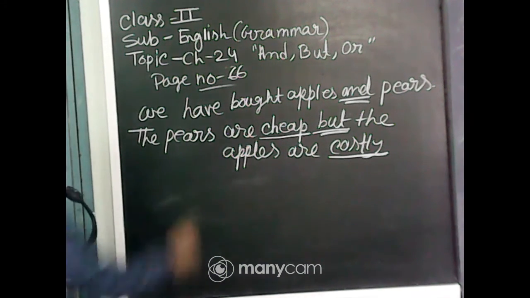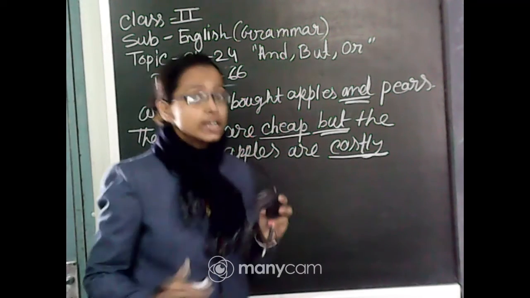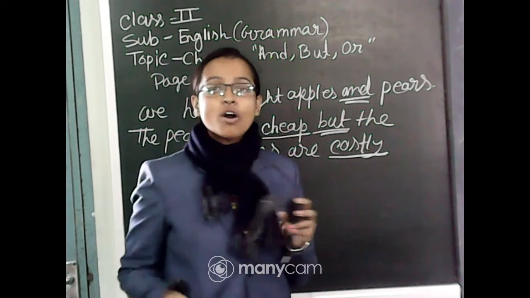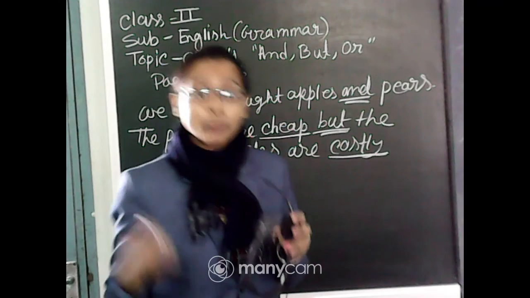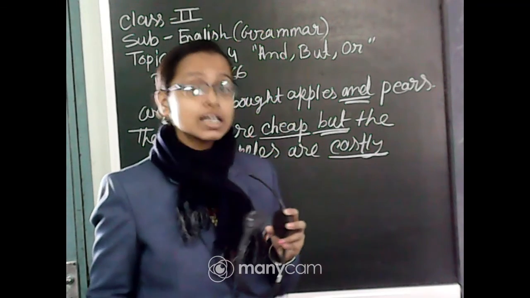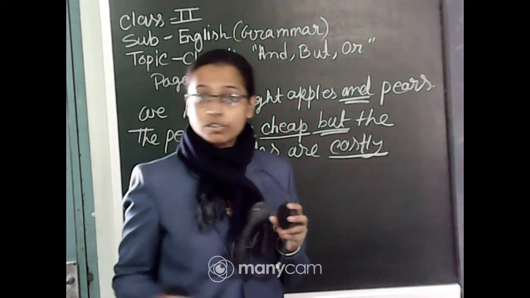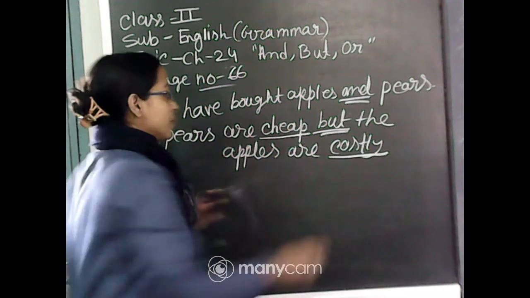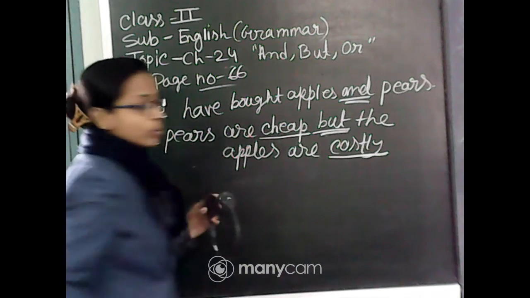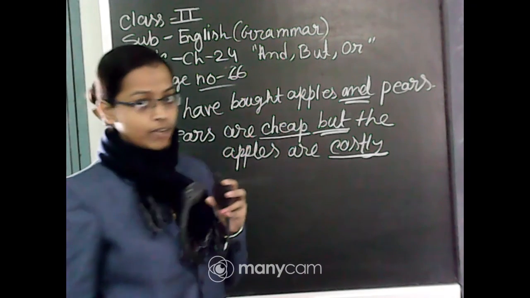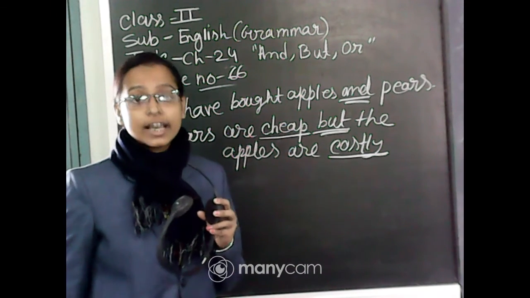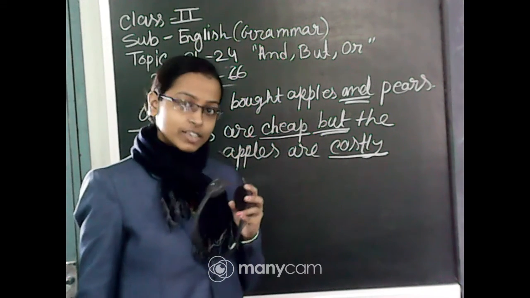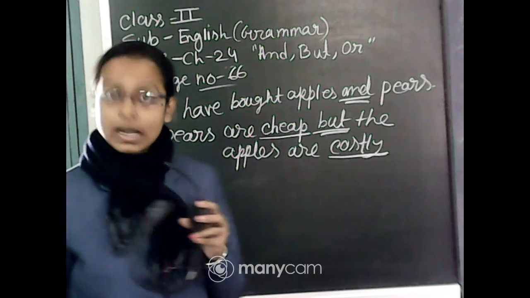So here, if we want to join two contradictory sentences or words of opposite meaning, then we will join the words or sentences by the word but. Clear? Because you can see cheap and costly both are of opposite meaning, right? So when we like to join sentences of opposite meaning or contradictory sentences, we will use but.